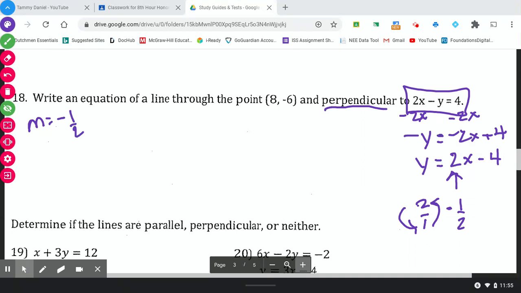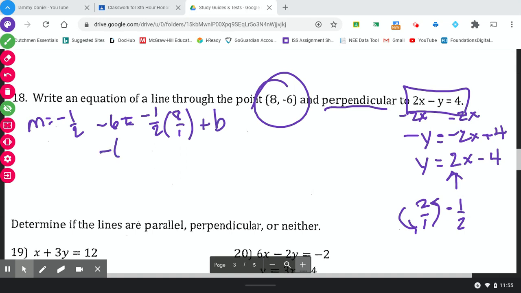Okay? All right, and then we use this point. So our y is negative 6. Our m is negative 1/2. Our x is 8 over 1. And our b we don't know.